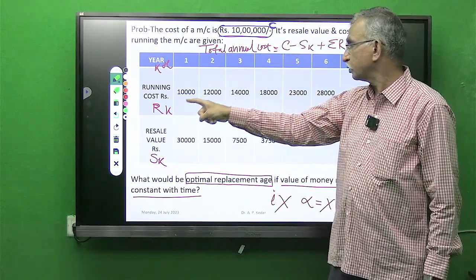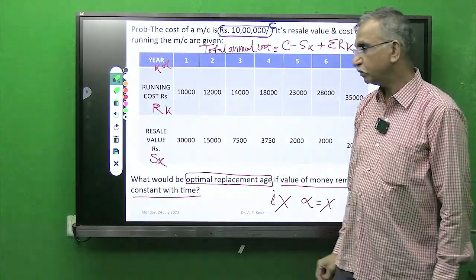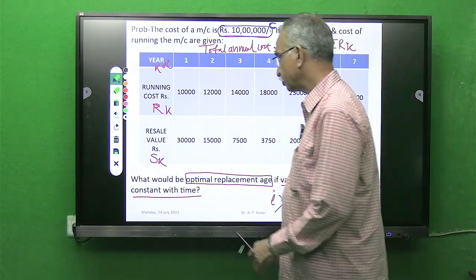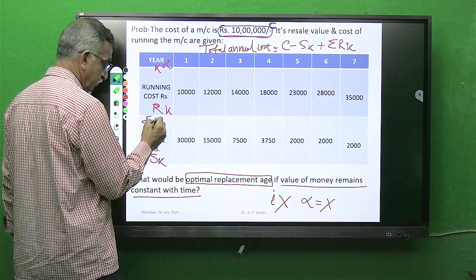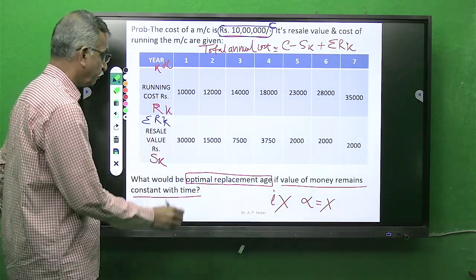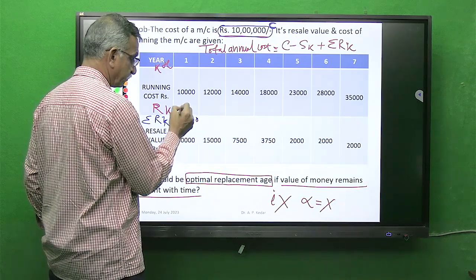Then we come across this RK. Now here I am in need of summation RK. So how to go for summation RK? I will explain over here only. For the first year it will be only 10,000.